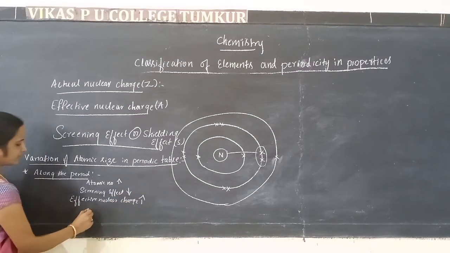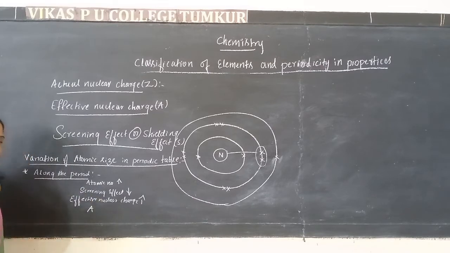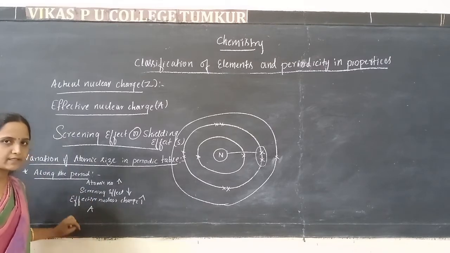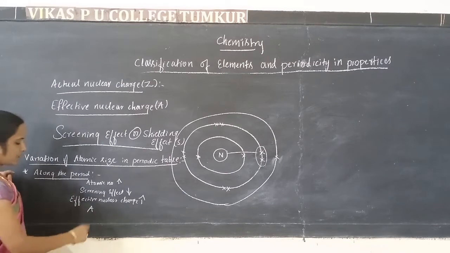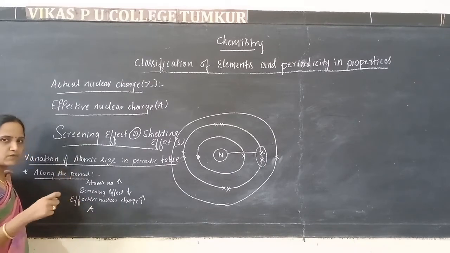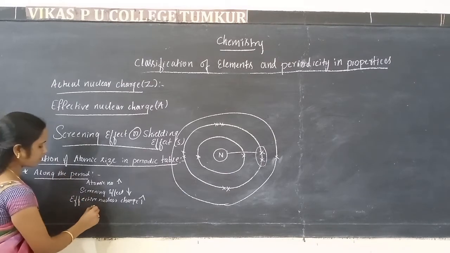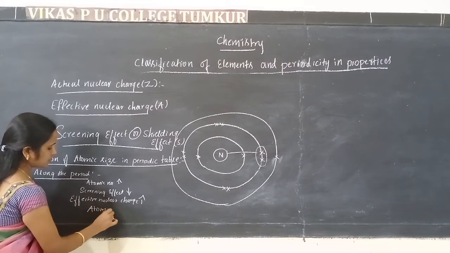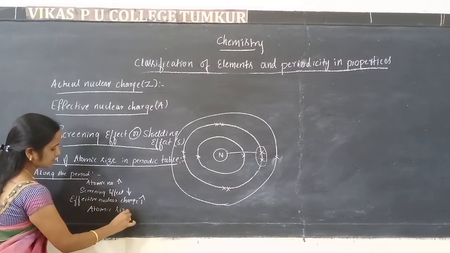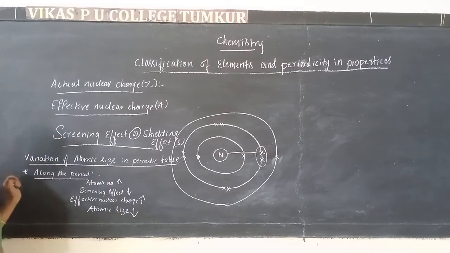At that time, the outermost electrons are strongly attracted by the nucleus, the electron cloud shrinks, therefore the atomic size decreases.